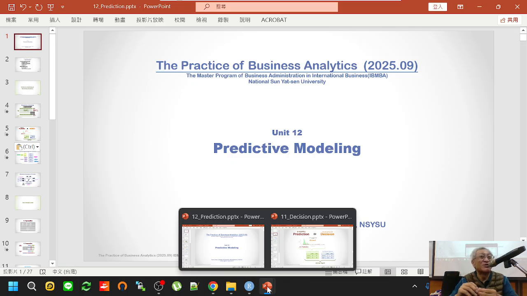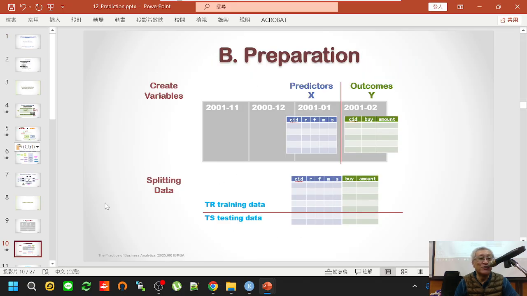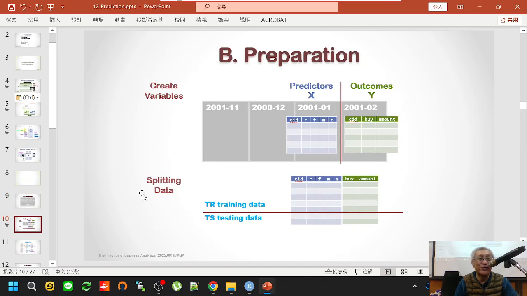So you go through this lengthy process of how to process real business data to do the predictive modeling. Now, predictive modeling, as its name suggests, is predicting the future. So basically, we are using the history data to predict the future.